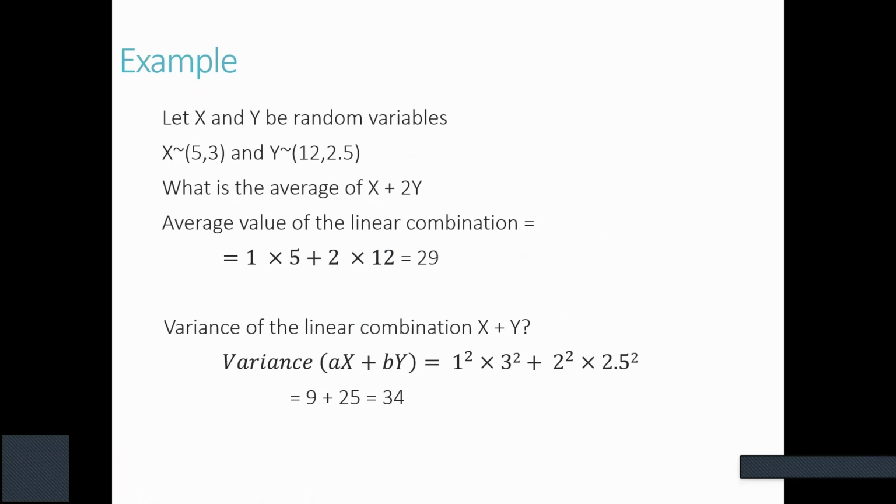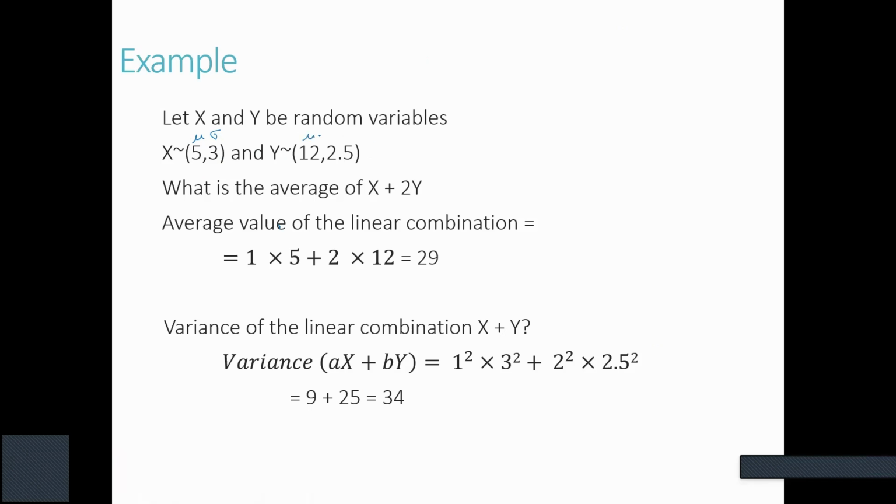So here's an example. X is distributed with a mean of 5 and a standard deviation of 3. How do I know that standard deviation? Because that's just kind of the convention that we use, is that we do mean and then standard deviation, not variance.